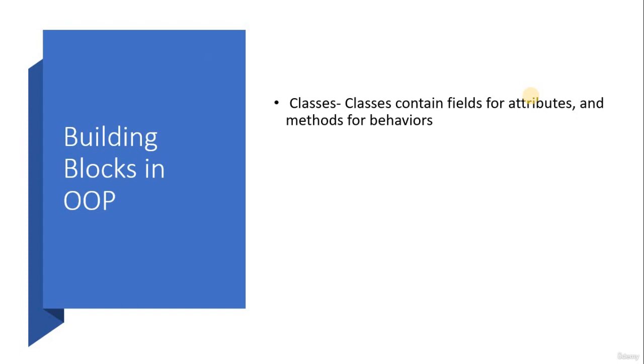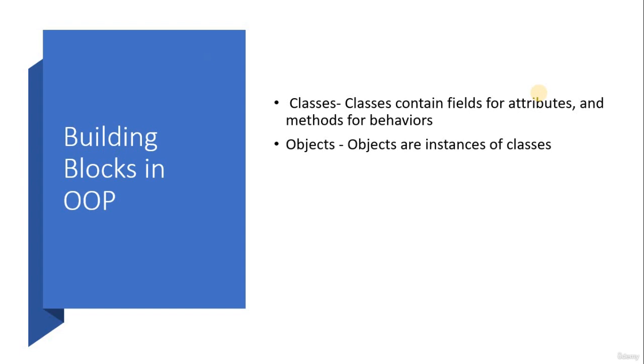Actually, we created lots and lots of classes, and we put in some methods, some attributes, some behaviors, and we were printing those. Class is the most important concept in object-oriented programming, and it is one of the very useful building blocks. The other one we saw is object.